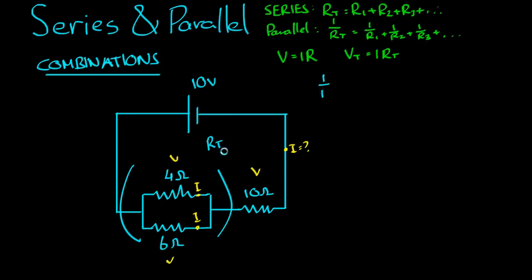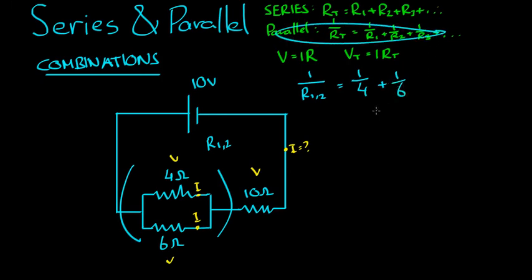Actually, let's call it R12, the total resistance of 1 and 2, this being 1 and this being 2. So 1 over R12 is equal to 1 on 4 plus 1 on 6, using this formula here. Therefore I have R12 comes to 2.4 on the calculator.